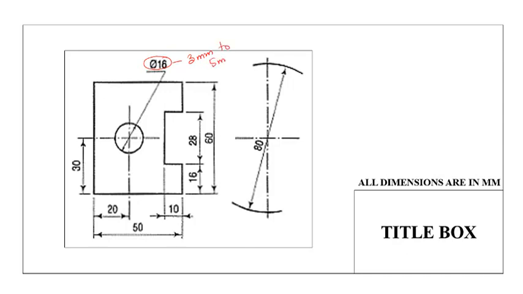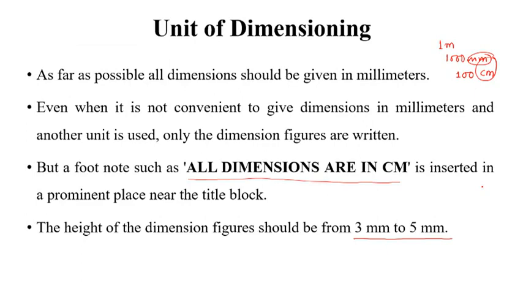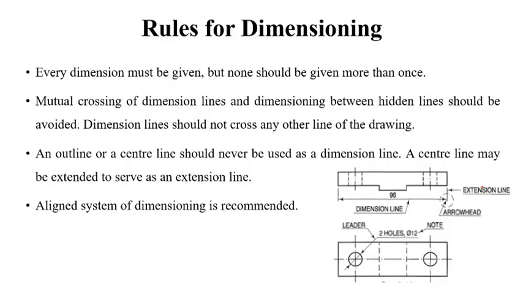And finally, at the last, above the title block you have to write all dimensions are in mm. If these are given in millimeters, then you have to write all dimensions are in mm. If centimeter is given, then you have to write all dimensions are in centimeter. So this is all about the unit of dimensioning. Next we will move on to the rules for dimensioning.